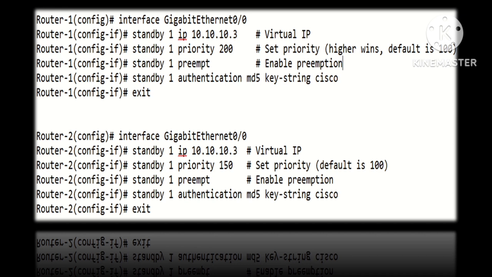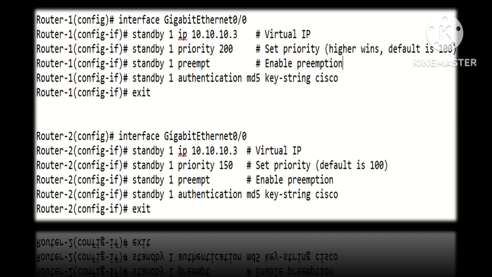Here I have given 200, and the other router below is 150, which will act as standby. And as I told, preempt should be configured on all the routers participating in the election process, so that when the active router comes back in the network after a crash, it will be able to retain its role as the active router.